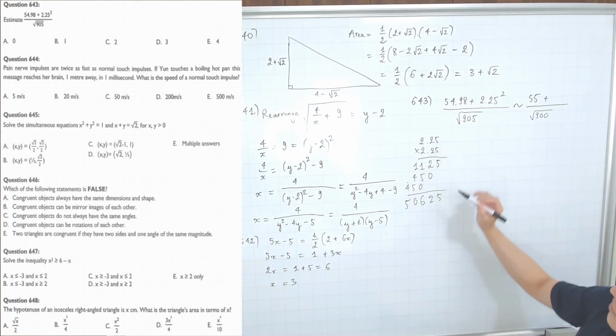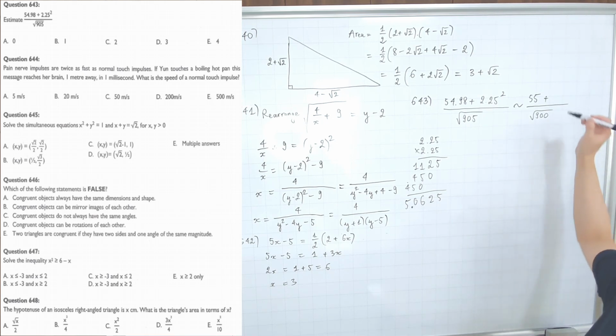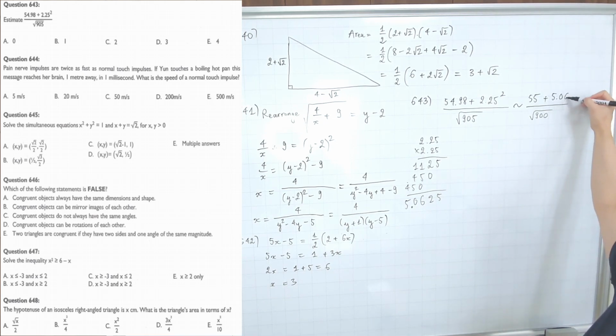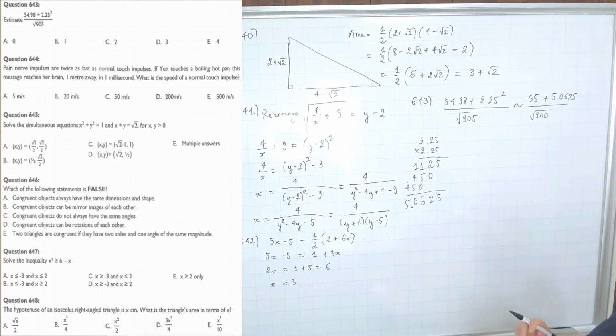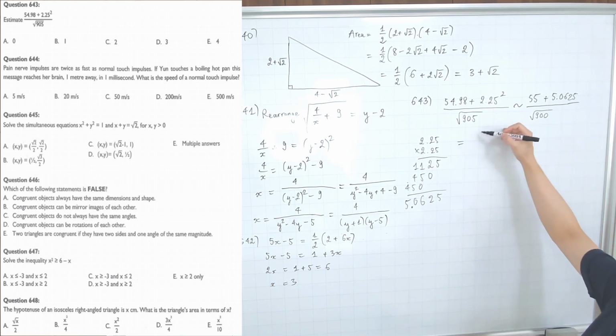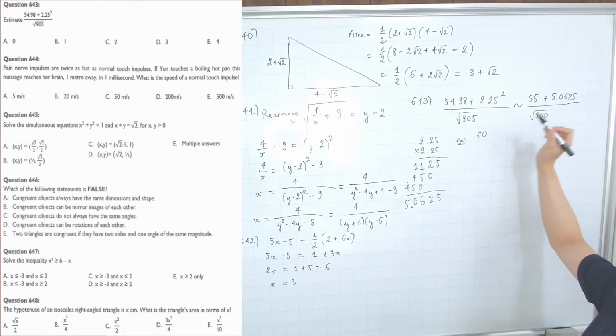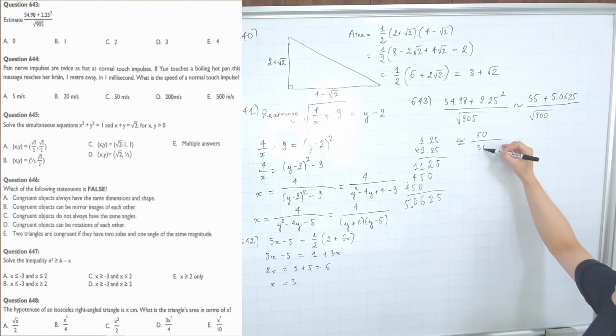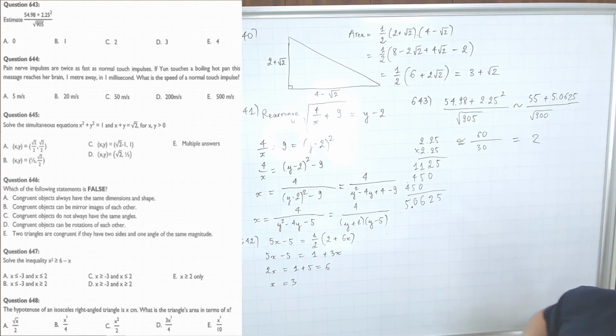And then it's going to result in 5.0625, isn't it? And then this is about 60, isn't it? About 60, divided by square root of this one, which is 30, isn't it? So the answer should be 2.